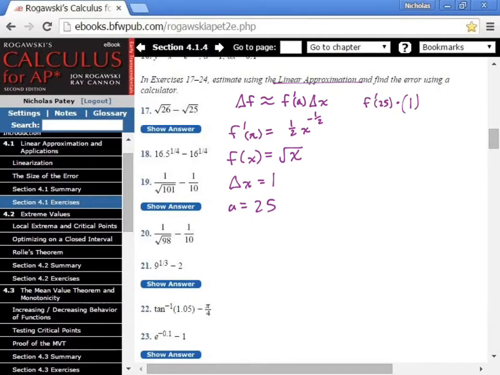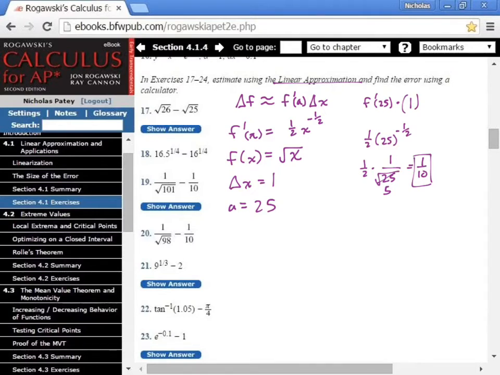So we plug in 25, so it's going to be 1/2 times 25 to the negative 1/2 power. That means we have a 1/2 multiplied by 1 over 25 raised to the 1/2, which is the same as a square root, which is 5. So we multiply, and we get 1 over 10. That's the approximate linear approximation.